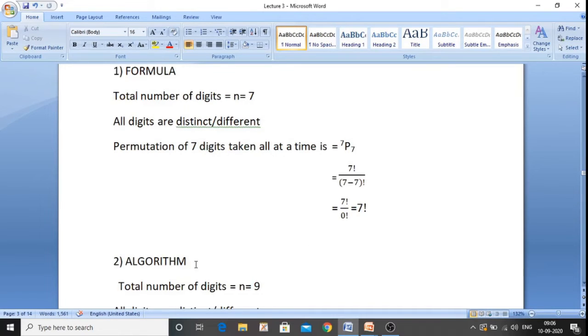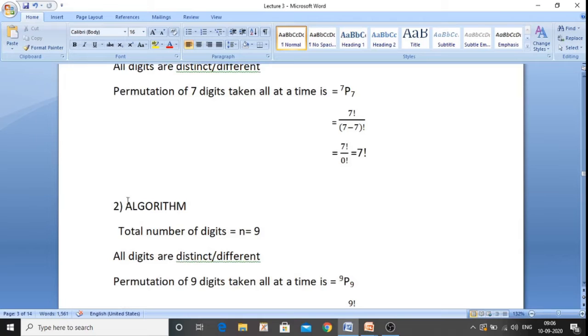See the second word, that is algorithm. Now in the word algorithm, the total number of letters, count it, 1, 2, 3, 4, 5, 6, 7, 8 and 9. So n is equal to 9.